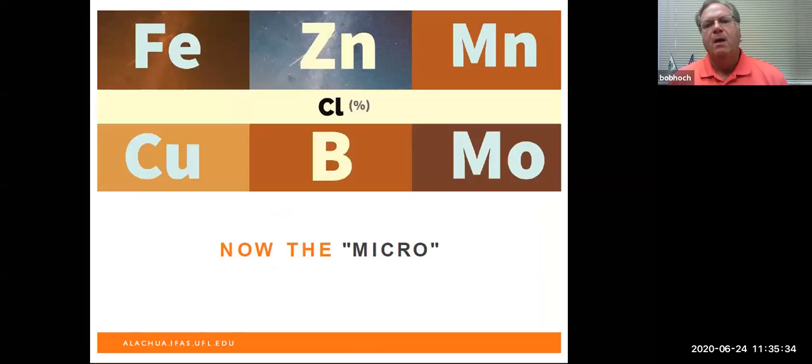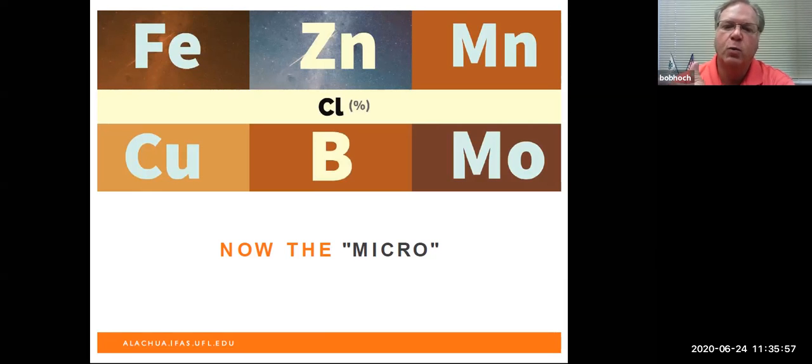Okay, the next group here, I'm going to go through a little more quickly, and I would say this is where even for those of us that may have been more experienced with some of this nutritional stuff, a lot of these are a lot more difficult. These are the micronutrients, so they're not required in real high quantities.